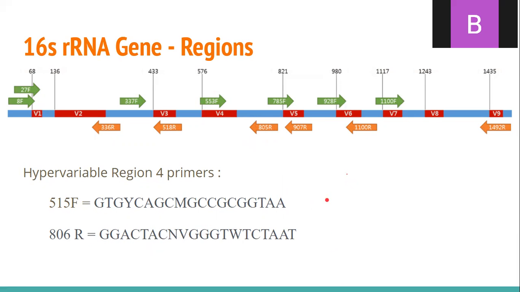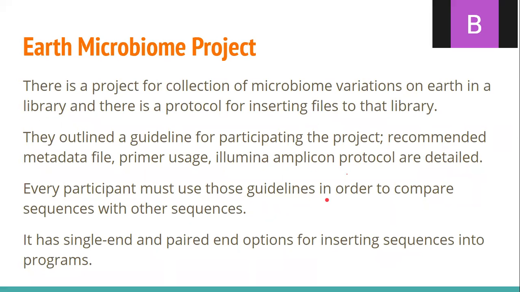Another point I want to mention is the Earth Microbiome Project. This project aims to collect the microbiome variations on Earth in a library. Since the workload of collecting all of this is very high, everyone can contribute to this library project with the following protocol.